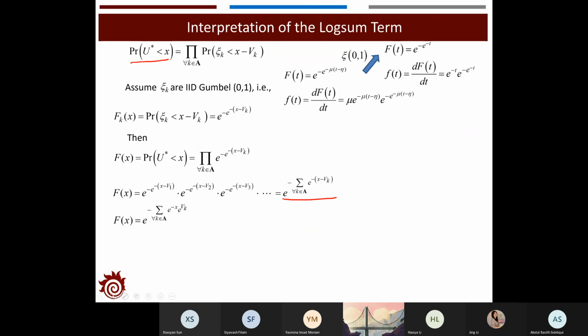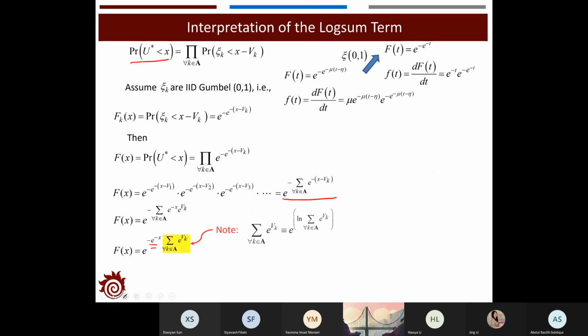And now let's see how it can be connected with the log sum term. From this equation, we can take the exponential of minus X out of the summation.